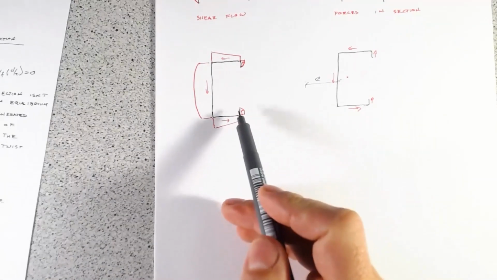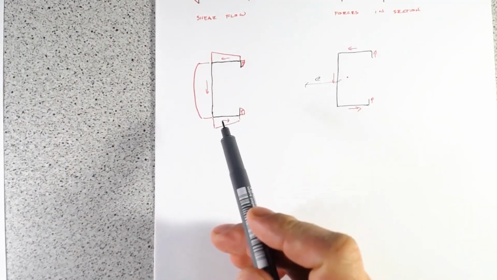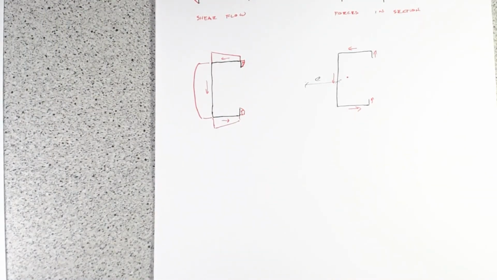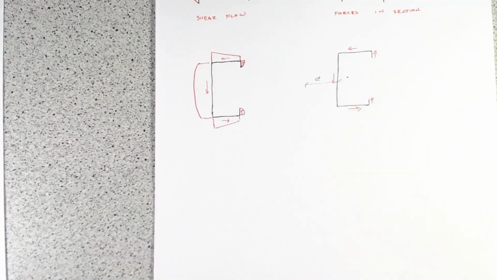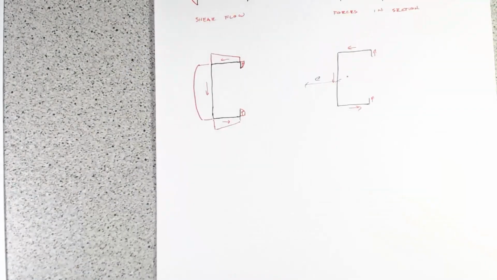So these are good to stop buckling, but the price that you pay, because there's no free lunch in engineering, is that your shear center increases. And so if you're going to load it on the web, it has a lot more tendency to want to twist.